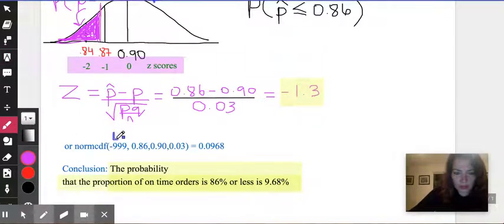So make sure to mark lower bound here. That is negative infinity. Then we have our upper bound, which is what the question asked, 0.86 or less. So that's our upper bound.